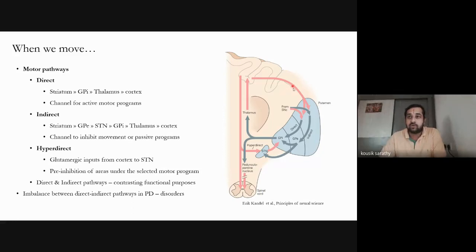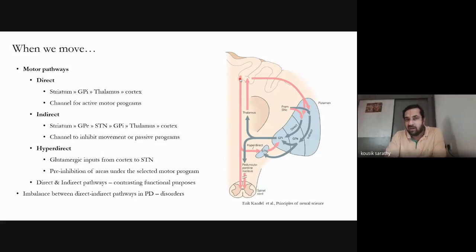And then at least for the last 15-20 years, there has been a very strong notion of a hyperdirect pathway. The hyperdirect pathway, you can think about it as a copy of the proposed movement, but it comes as a direct signal from the cortex directly to the STN. Now, this is interesting because this gives advanced information of what is going to happen in the near future.